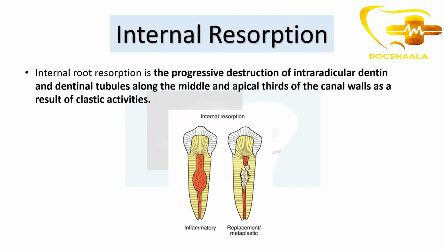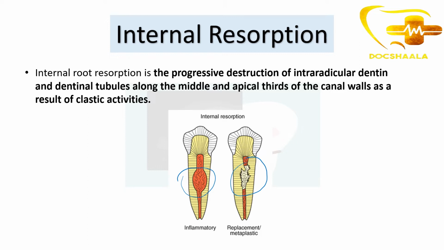So what is an internal resorption? As you can see in the image here, there is inflammatory resorption, or a replacement or metaplastic resorption. So this is the difference between inflammation and replacement.